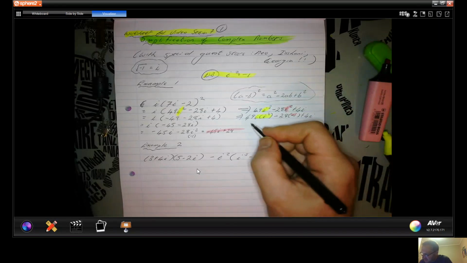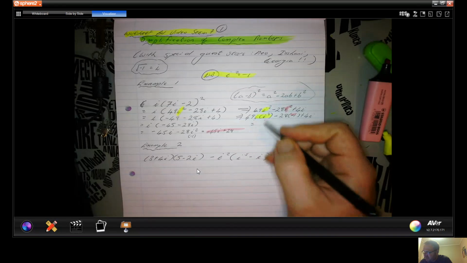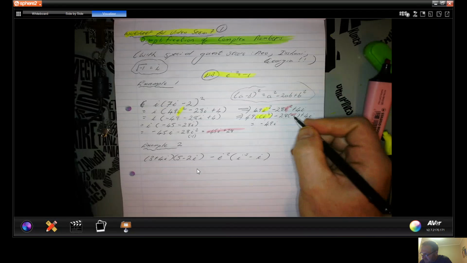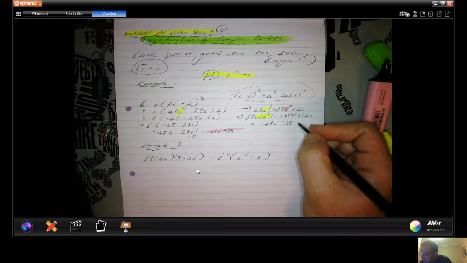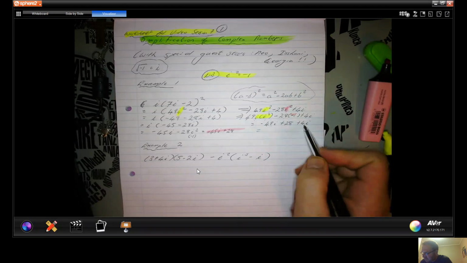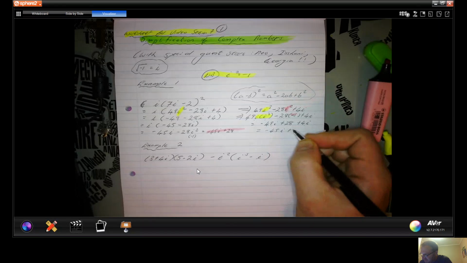So now, if I carry on here, i squared is negative 1, so 49i times negative 1 is going to be negative 49i, minus 28 times minus 1 is going to be plus 28, plus 4i. If I add like terms now, negative 49i plus 4i is minus 45i plus 28.